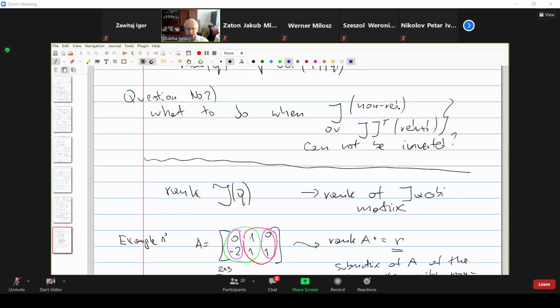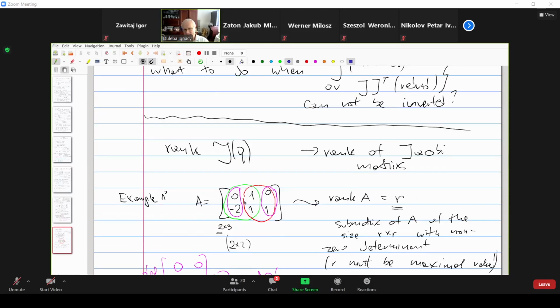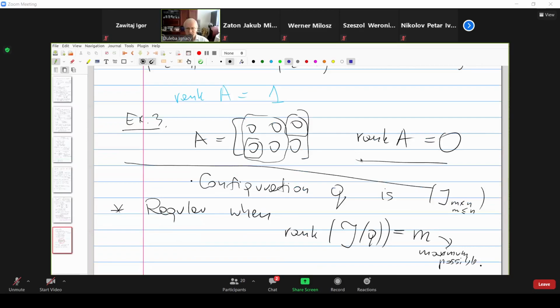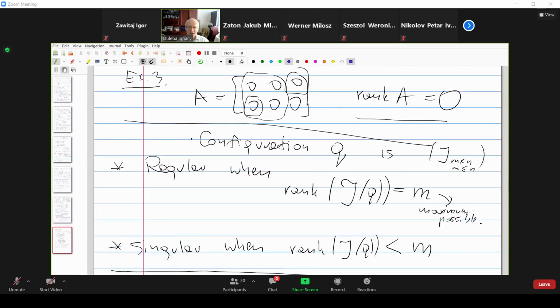Okay. And then I've illustrated on a few examples how to calculate the rank of a fixed matrix. The concept of rank of a matrix is quite easy, and then I've generalized it into configurations, and I've called a configuration Q regular when the rank of the matrix is the maximum possible.